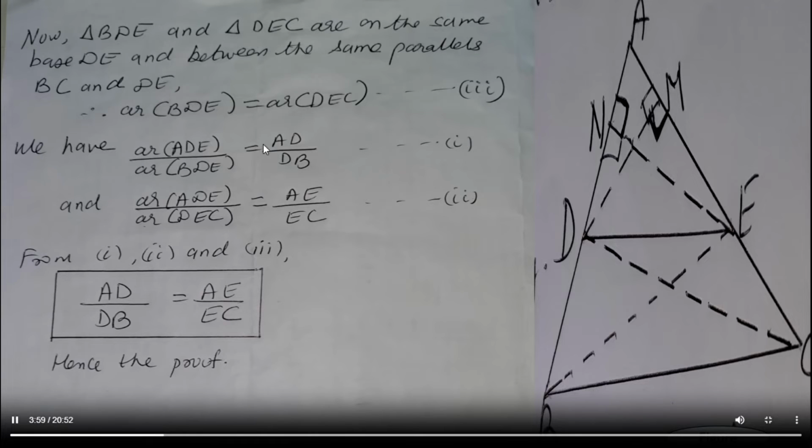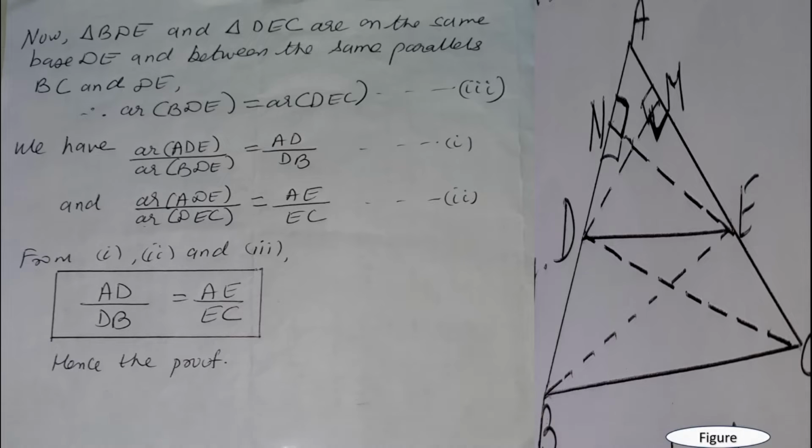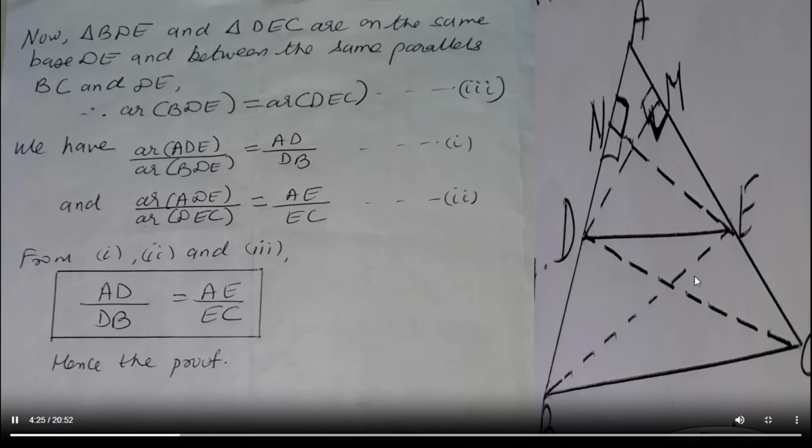Now, triangle BDE and triangle DEC are on the same base DE and between the same parallels BC and DE. So from a result which we had seen in class 9, area of BDE will be equal to area of DEC because again they are between the same parallels and they have the same base. So hence we have three things.